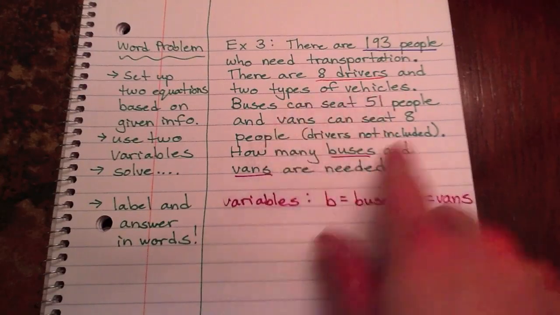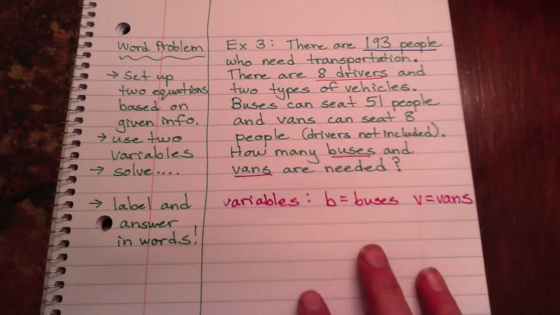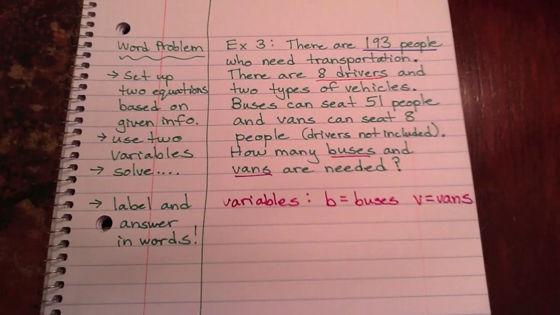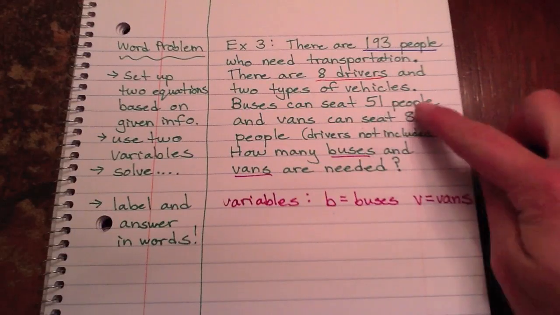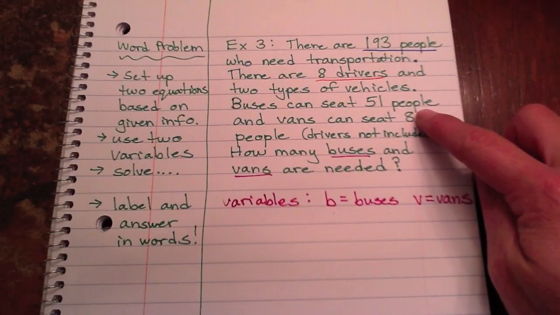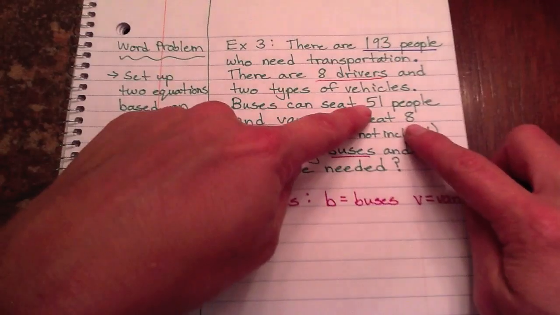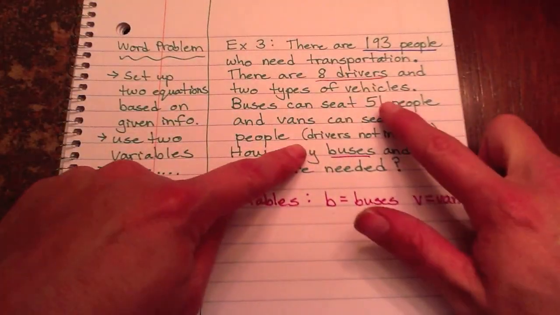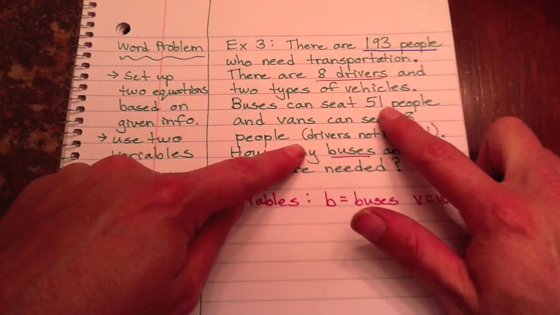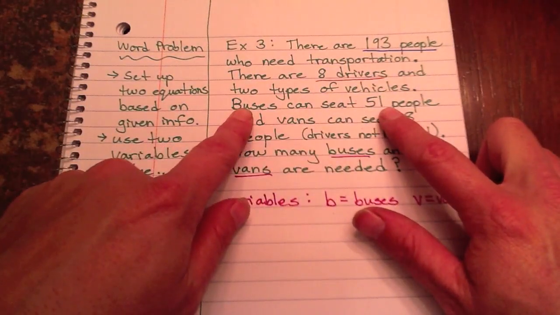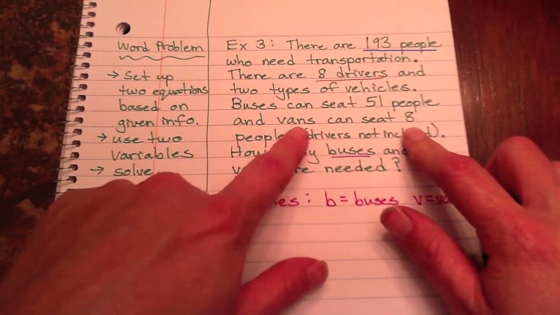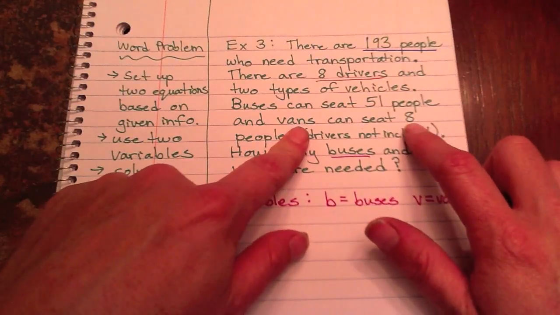And so this is a system of equations that I used to plan the Universal Studios field trip that the video production and drama just went on. What I know is that I can take 51 people, and we're not even worried about the drivers because the drivers aren't included in this number. So we can take 51 people per every bus. And we can take 8 people per every van.